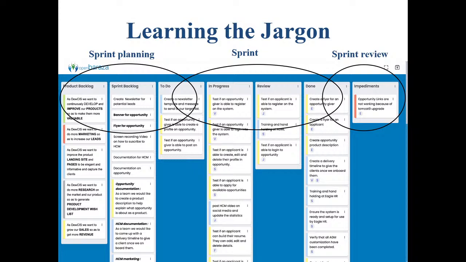Now, the members of the team will come and pick a story one at a time from the to-do and put it in progress. So you're able to know who at any one time is taking a particular task. Once they finish, they can move it to review for some other person to review it. And then the story can go to done.